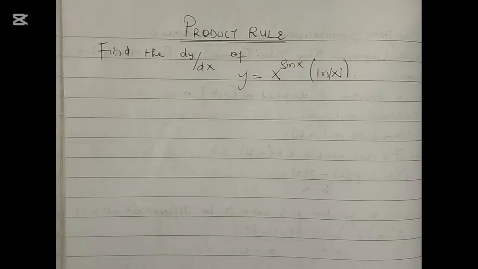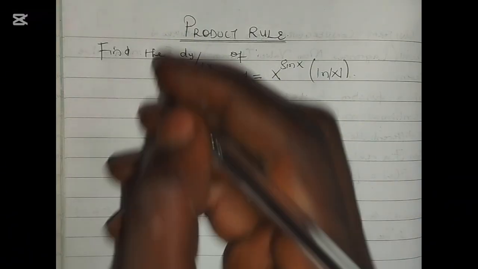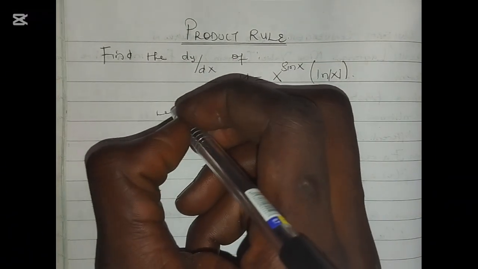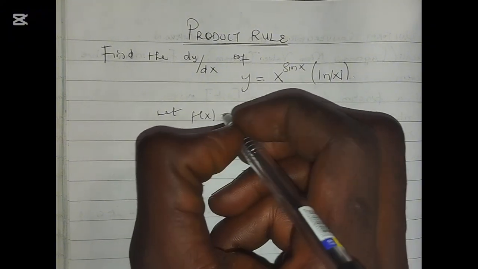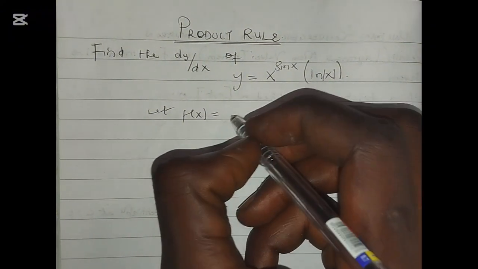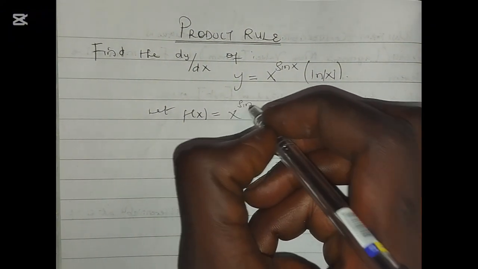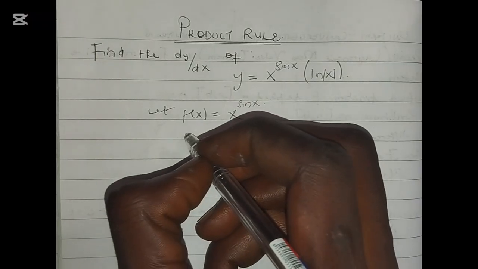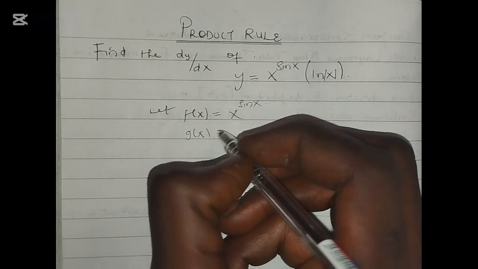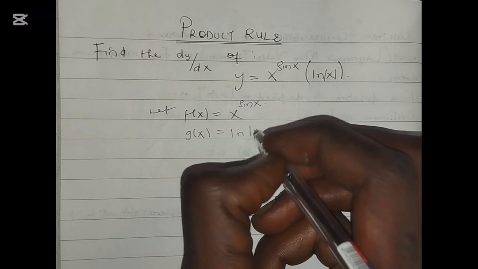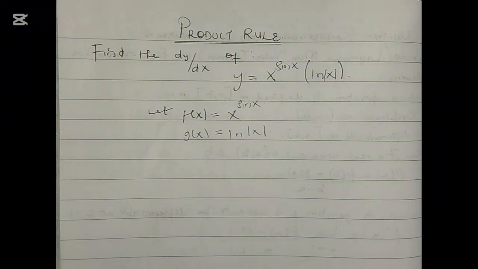But in this case, we have two distinct functions multiplying each other. So let us pick our f of x and our g of x. You can pick any one for f of x and any one for g of x. So let us pick the first one. Let f of x be equal to x to the power of sine x, and let our g of x be equal to ln absolute value of x.